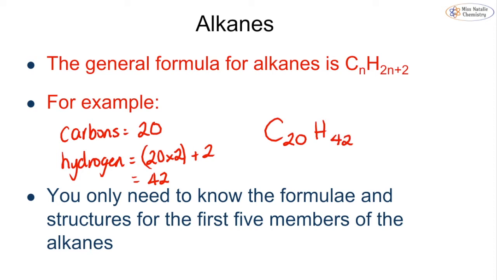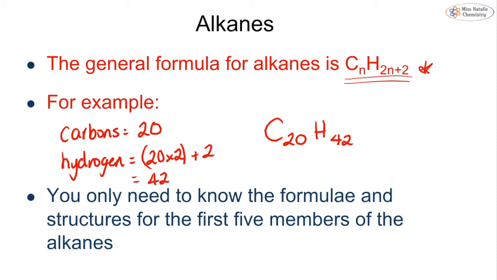So you'll be able to work out the formula for any alkane of any number of carbons using that general formula. So it's extremely important that you remember this. It is a very common exam question for 1 mark asking for the general formula.